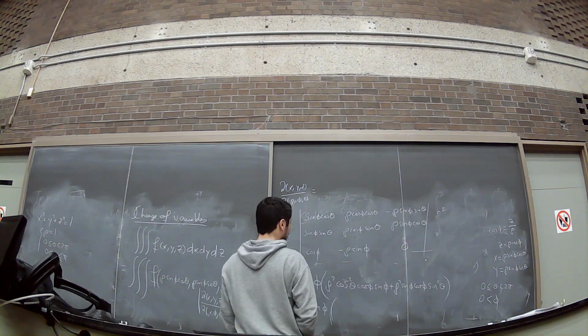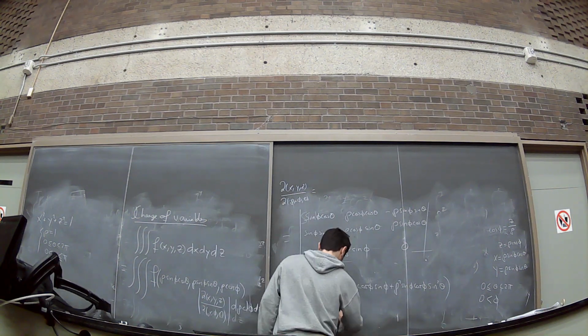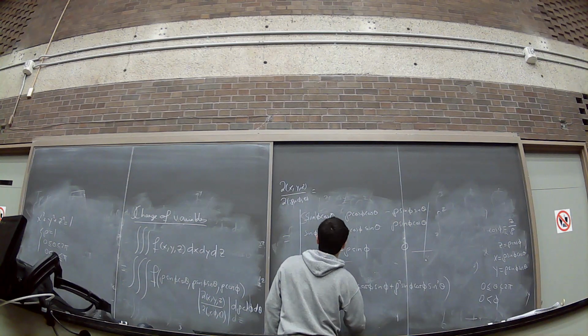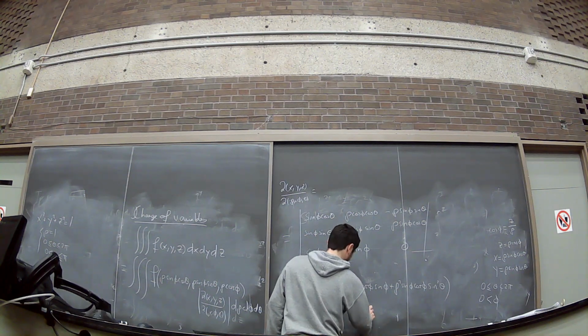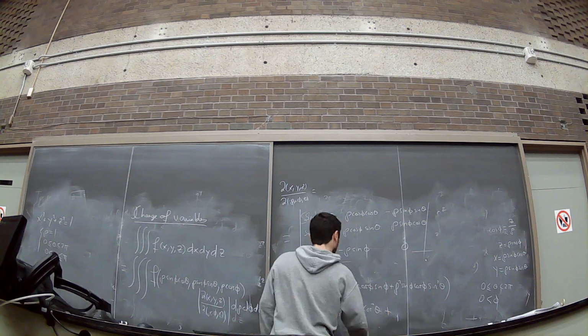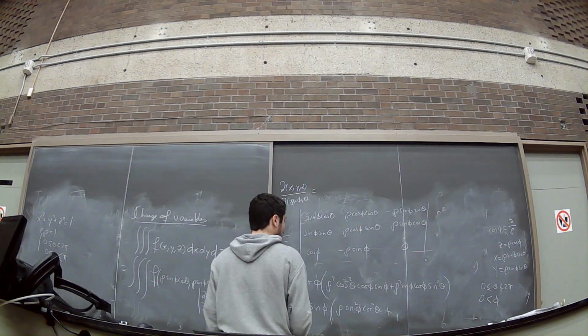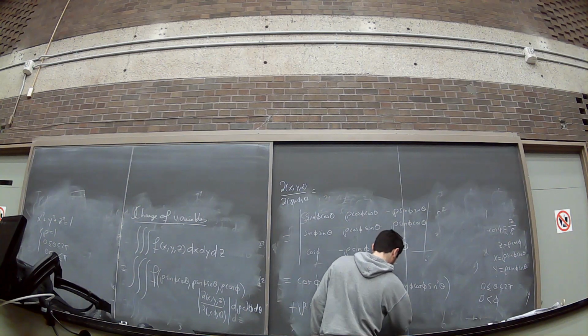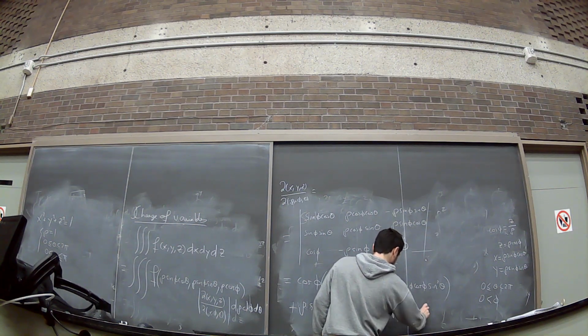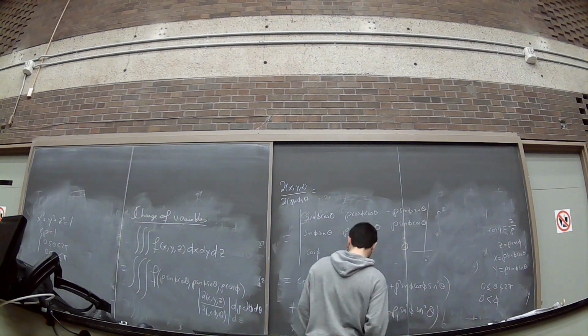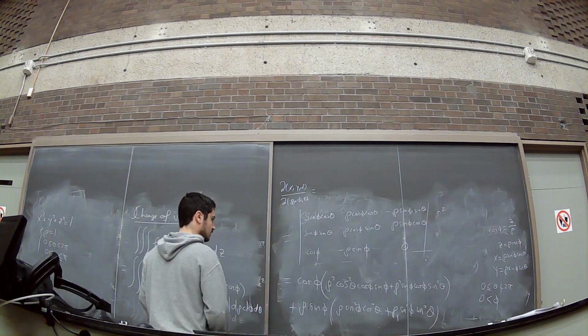You get rho sin squared phi cos squared theta, plus rho sin squared phi sin squared theta.